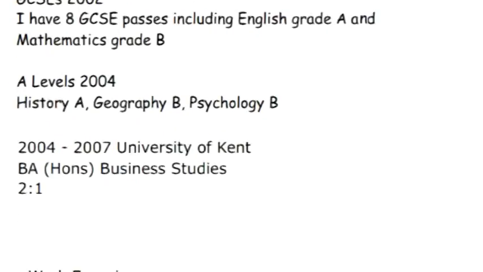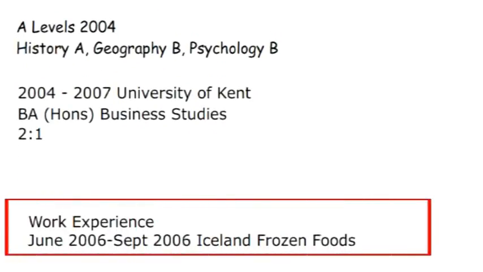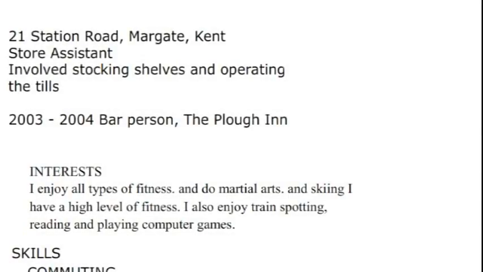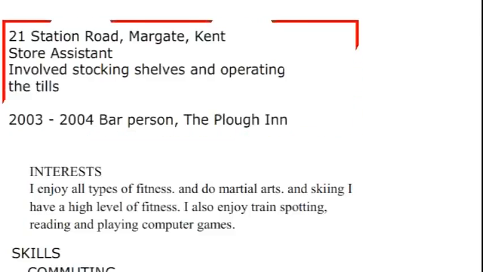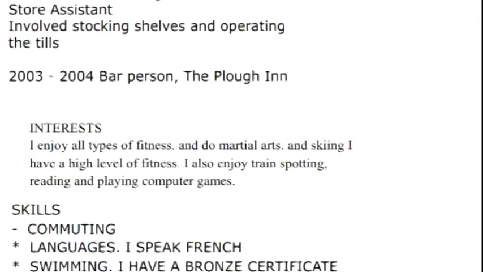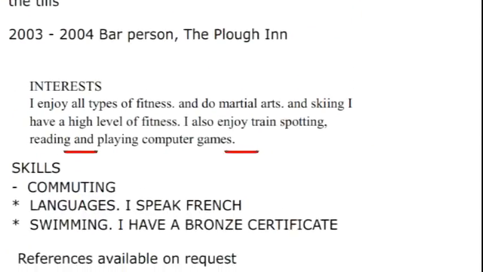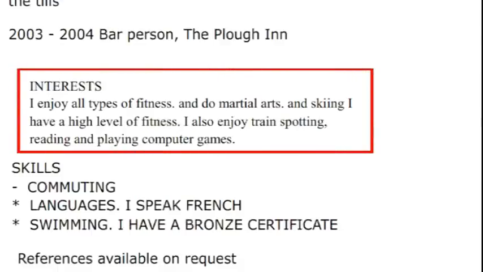Moving on to the bottom, you notice that the work experience was split onto 2 pages. Moving on with work history, this candidate did not give much information on the skills that she acquired at this job. When you take a look at her interests, you'll notice that it is misaligned with the rest of the page.